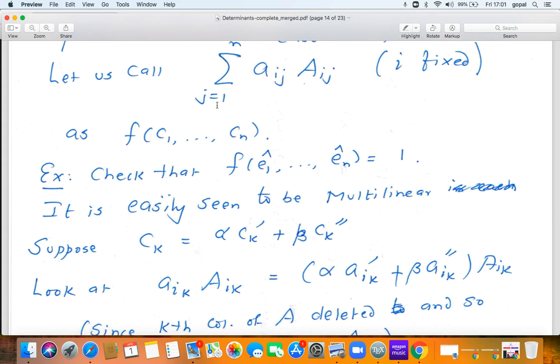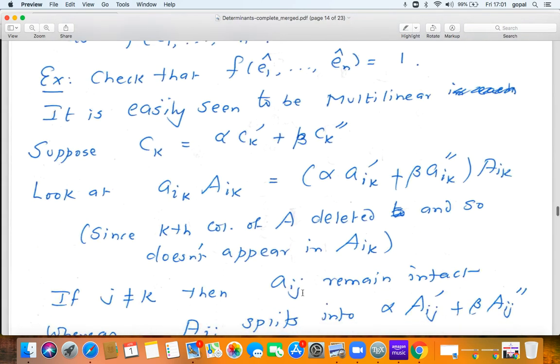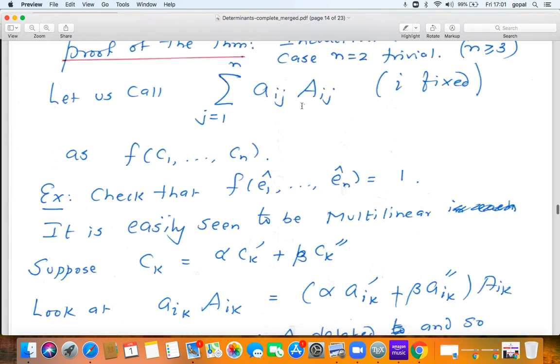Now look at what happens when j is not equal to k. When j is not equal to k, the aij doesn't change, because we tampered with the kth column only. So aij remains intact. What happens is that one of the columns of the minor is broken into a linear combination of two columns.